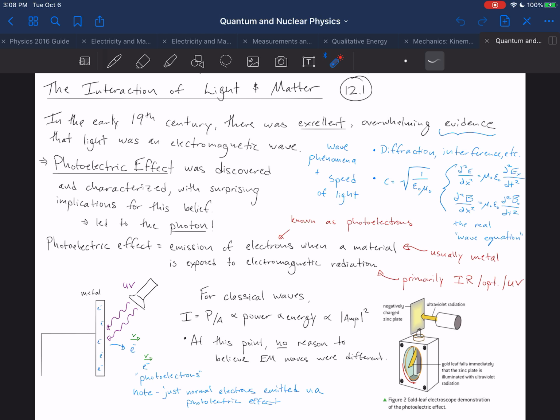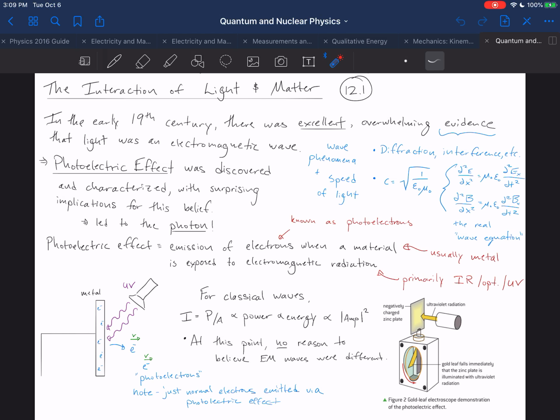Using those equations, you can derive that the speed of a wave of self-propagating electric and magnetic fields would be exactly that speed, and we verified it using experiments having to do with interference. So, just unbelievably overwhelming evidence that light was an electromagnetic wave at this point.